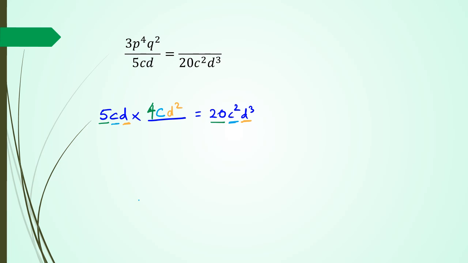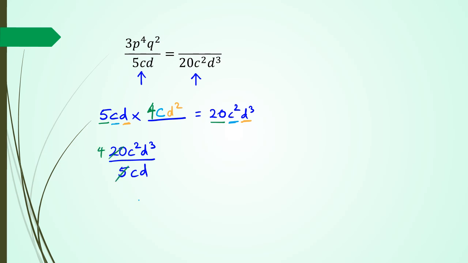Now, if you don't know how to do this, what you could also do is rearrange this. You could actually just go 20c²d³, which is the denominator here, divided by this denominator, which is 5cd. And what you should see is that when we cancel out 20 and 5, 20 divided by 5 is 4.